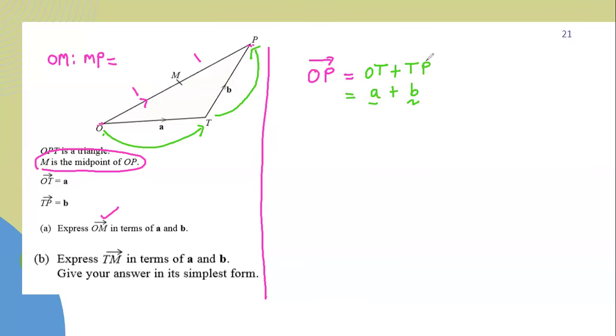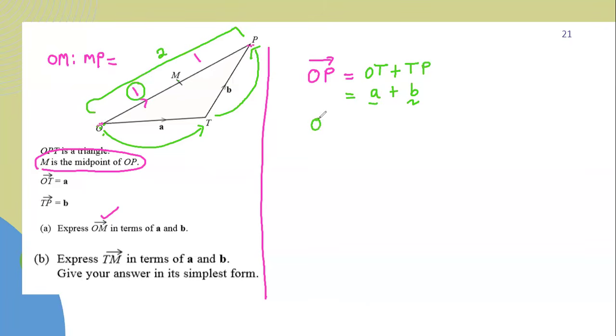Now, after getting that vector O to P, you ask yourself, how many parts does O to M contribute to the overall parts of O to P? So when you look very well, you note that O to M takes one part of the total parts that make up the line O to P, because the whole line of O to P is made up of two parts.